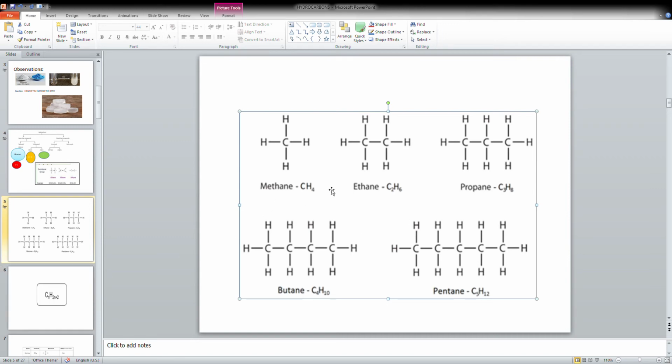When you get these formulas, these are the formulas of alkanes. Here you should know the general formula, the common formula for each. When you get 1 carbon and 4 hydrogen, the number of hydrogens is twice the carbons plus 2. The same for C2H6.